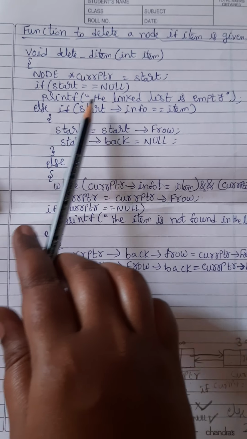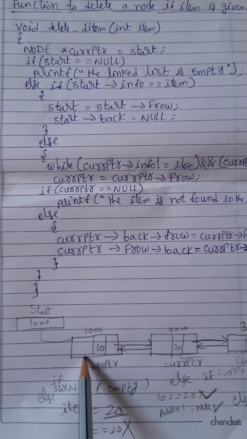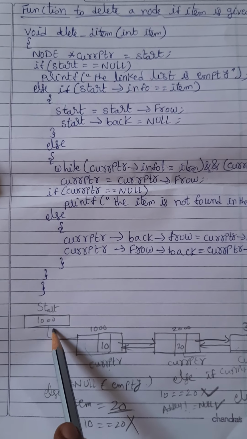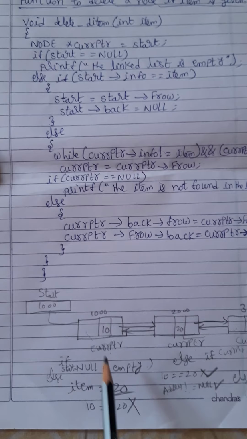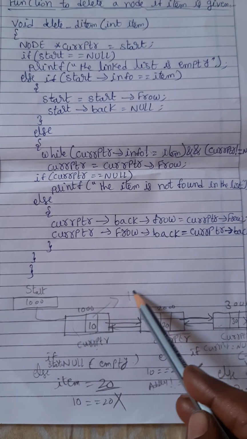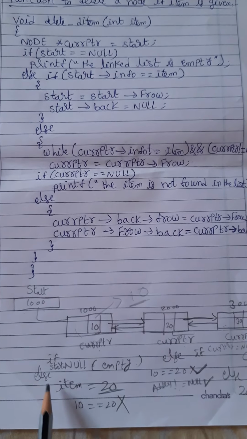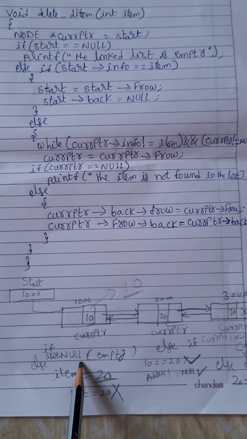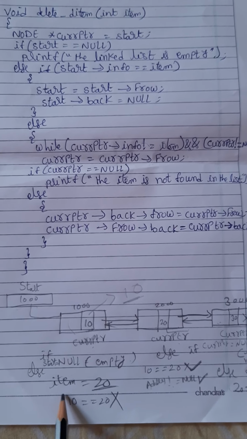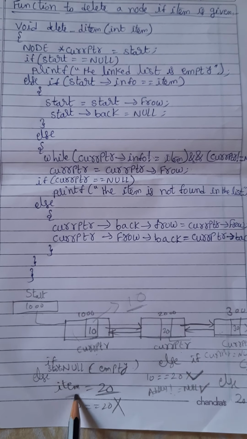Otherwise, else if start to info equal to item. Start contains the address 1000. Start to info, info means here it contains the value 10. This is the item, this is the info part. If start equal to null, it will be empty. Else, what is the item that we have given?